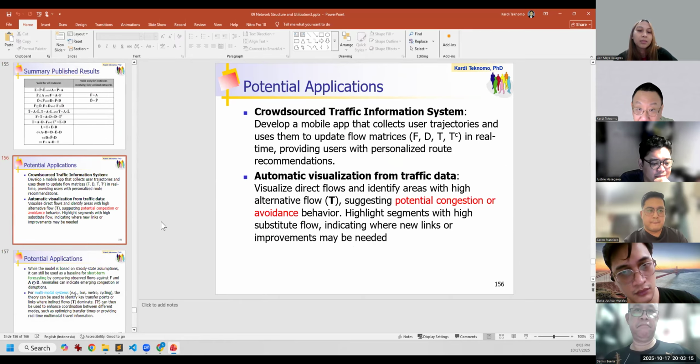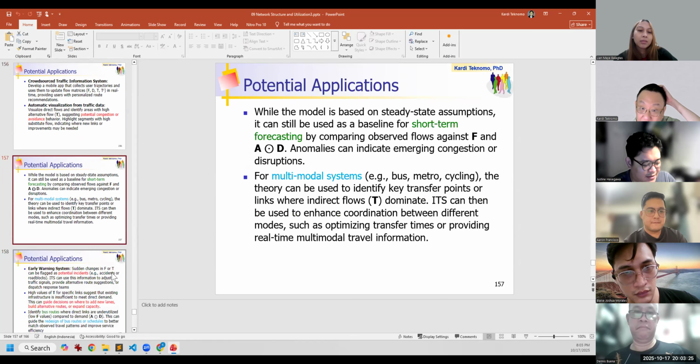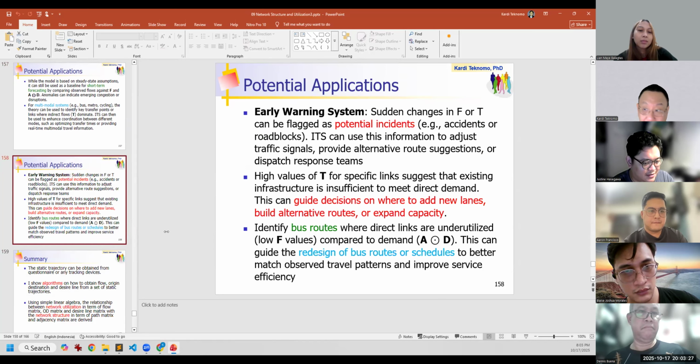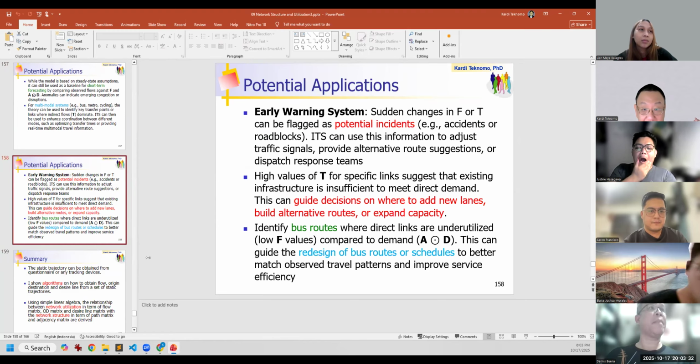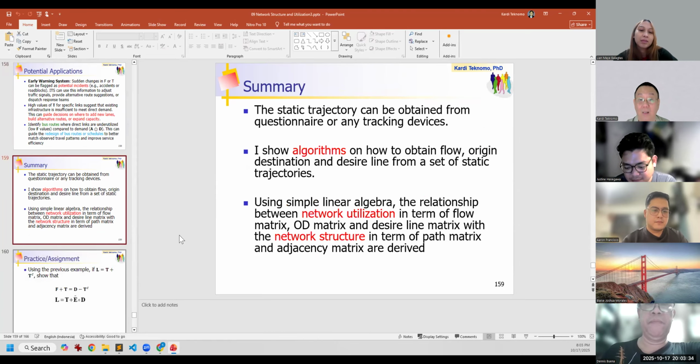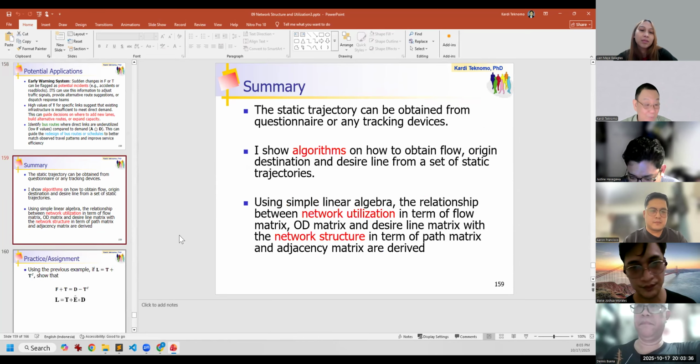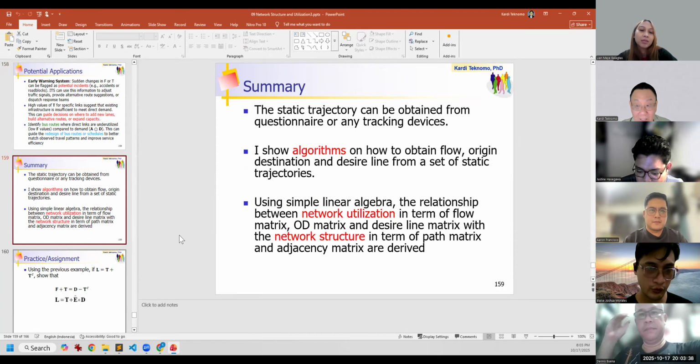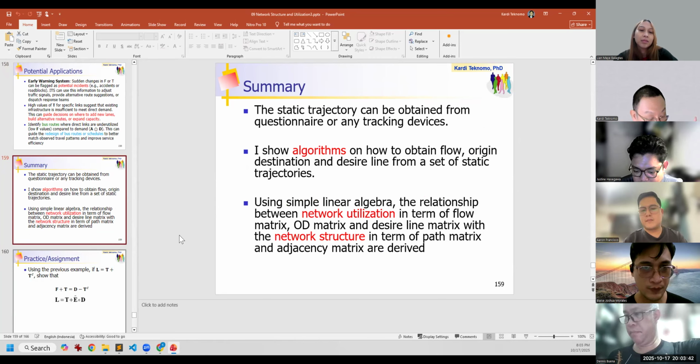The potential applications you can check and read by yourself. You can visualize and build, for example, an early warning system on ITS. I showed you the algorithm and the linear algebra, a simple connection between network structure and network utilization.